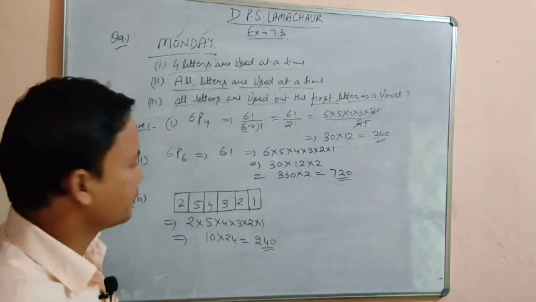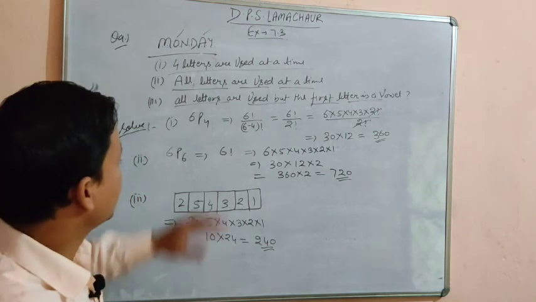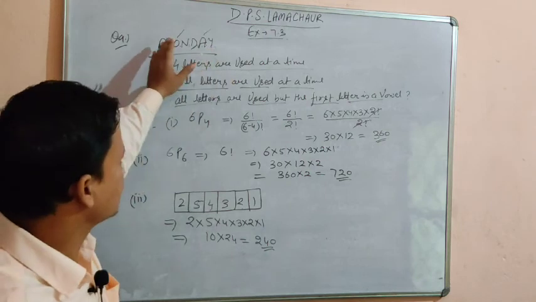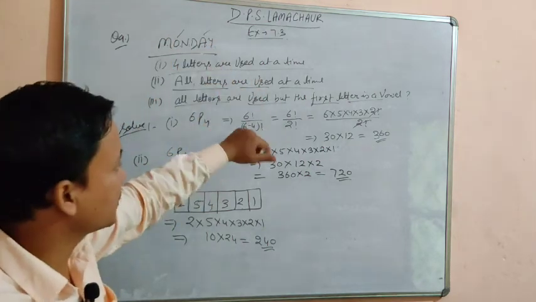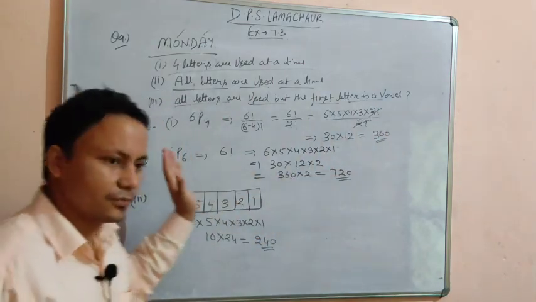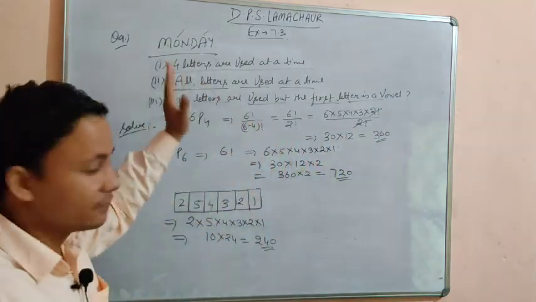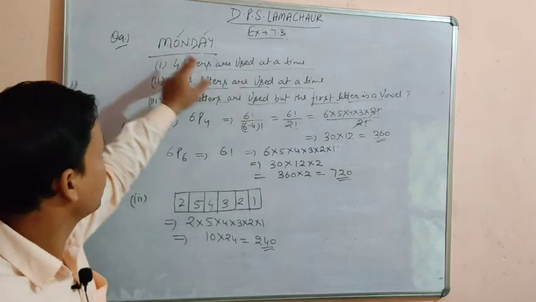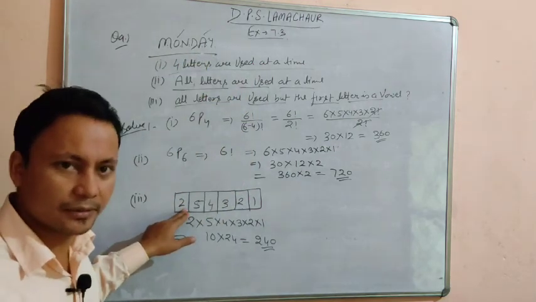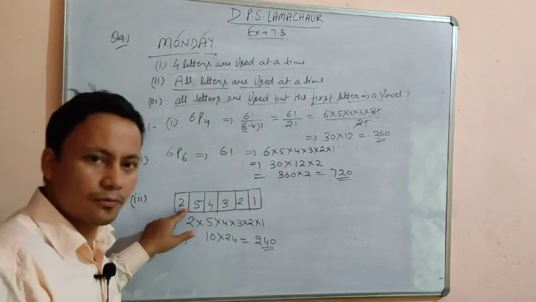Listen carefully, beta. Actually in the third case all letters are used. We have 6 letters, so we can use 6 out of 6 letters, but the condition is that the first letter is a vowel. We have to find words which start with vowels. There are only 2 vowels, so the first box has only 2 options, because we can only fill it with a vowel here.